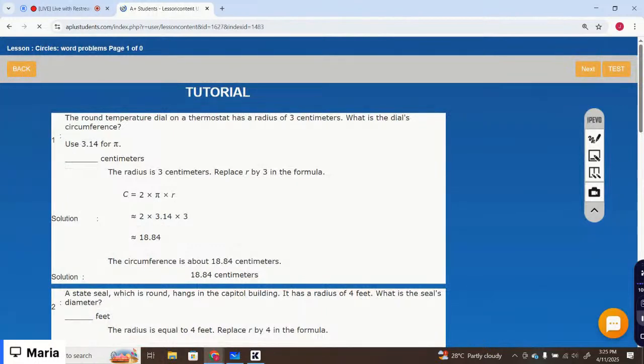The round temperature dial on a thermostat has a radius of 3 centimeters. What is the dial's circumference? So you need to calculate the circumference, that is C equals 2 pi r.